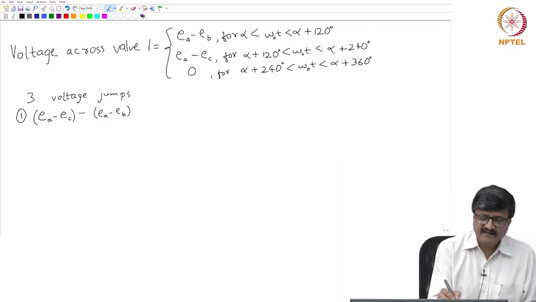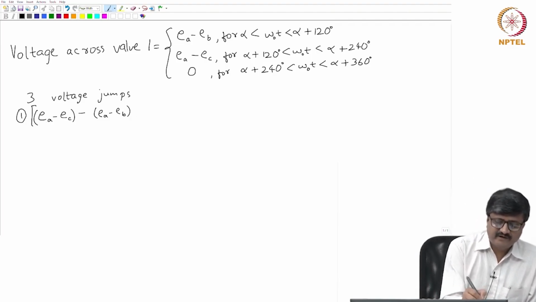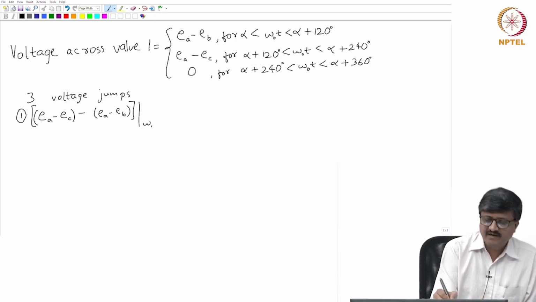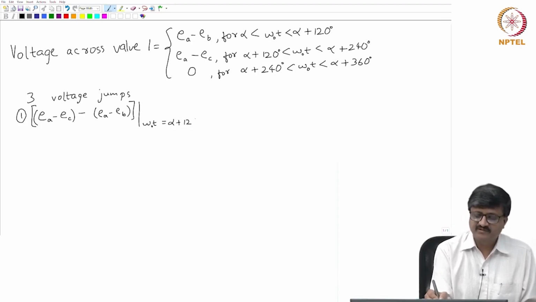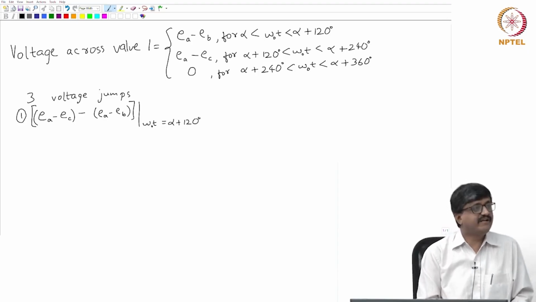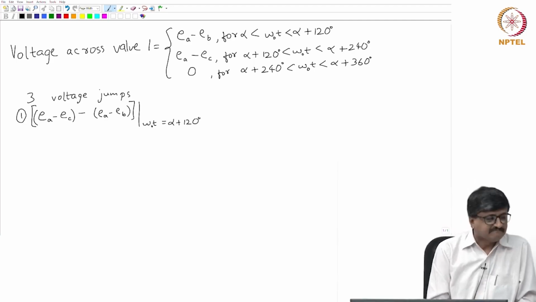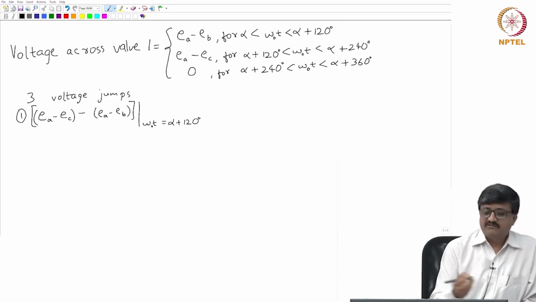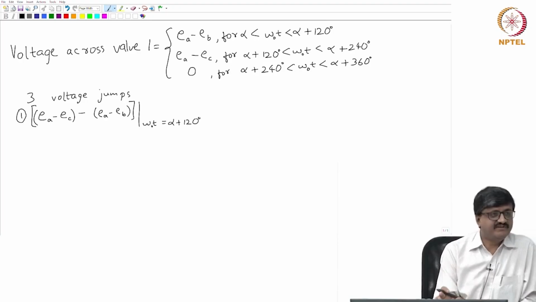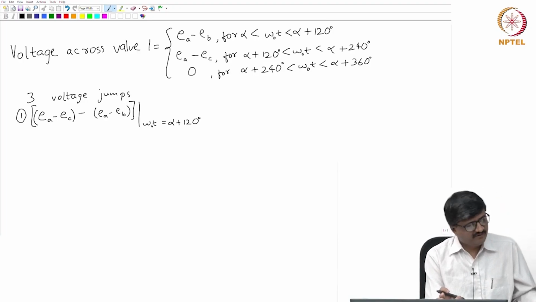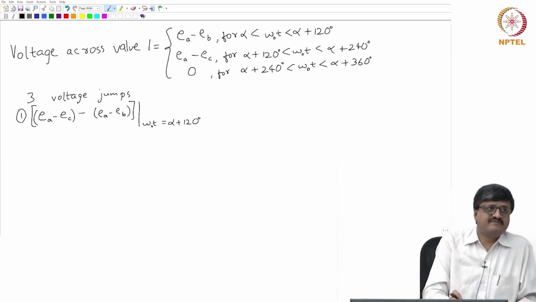So, I have to evaluate this quantity at omega OT equal to alpha plus 120. If I evaluate this at alpha plus 120, I get the magnitude of the jump. Okay. So, I know the expressions for EA, EB and EC. I will actually fix the expressions for EA, EB, EC. If you recall, we wrote the expressions in terms of the RMS value of line to line voltage.